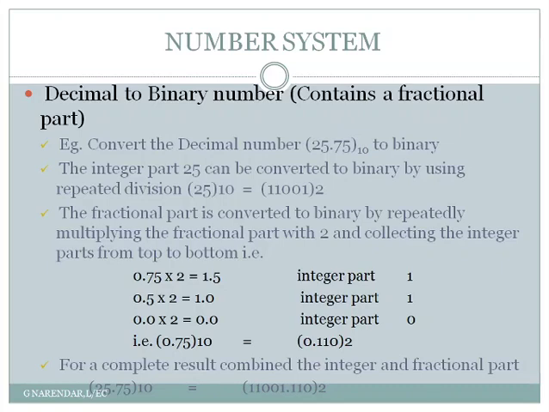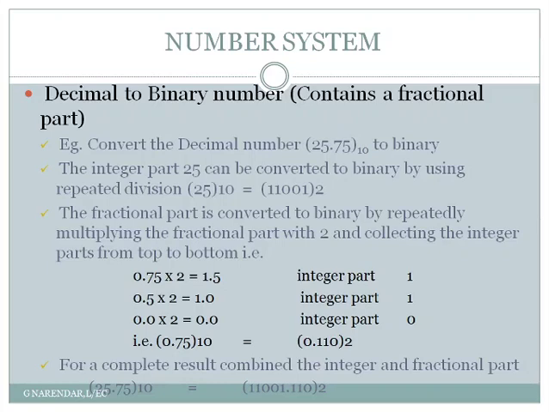Whenever you have a fractional part in the decimal number and you want to convert it to binary, you take that fractional part separately and multiply it repeatedly with 2, and collect the integers each time you get the result. So first we separate the integer part and the fractional part.